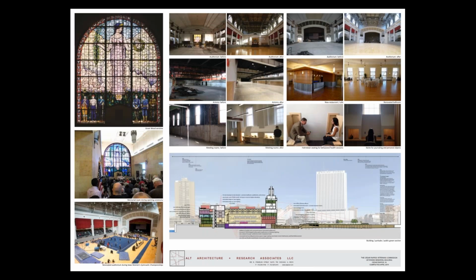As you see in this image, called the building section, at the lower right-hand side, essentially what we did was create a series of spaces that would work together to create these different communal events, which is therapeutic for veterans, because the veterans ran the building.